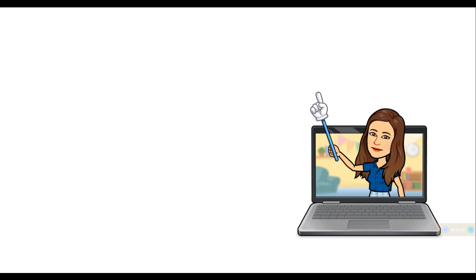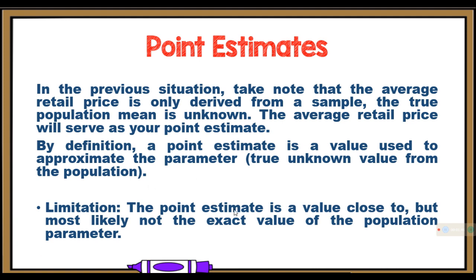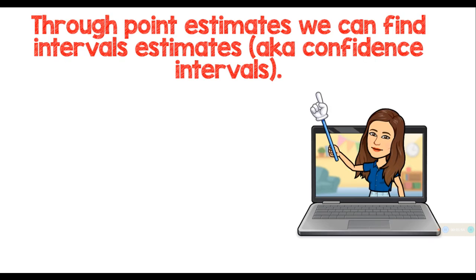Now, what is the limitation of point estimates? The point estimate is a value close to, but most likely not the exact value of the population parameter. Through point estimates, we can find interval estimates, also known as confidence intervals.